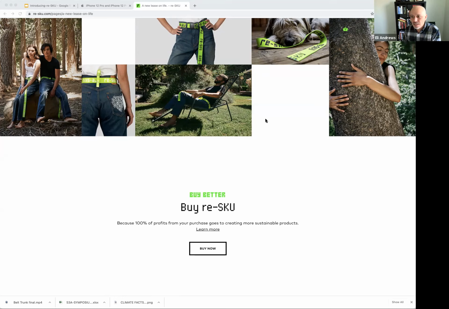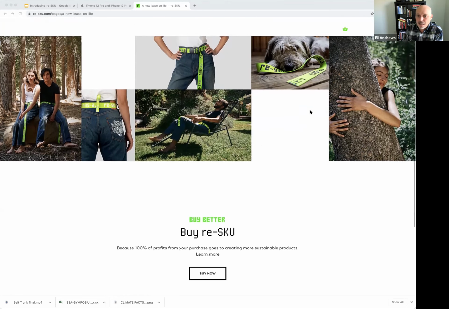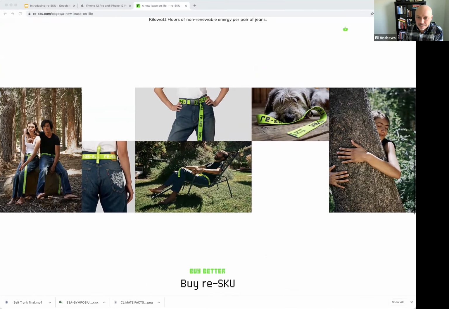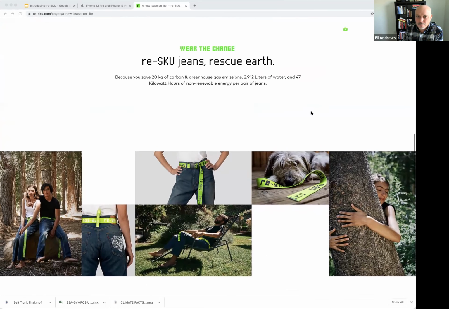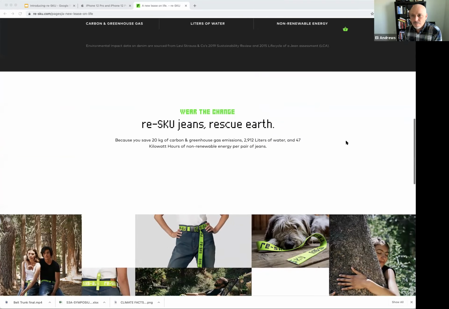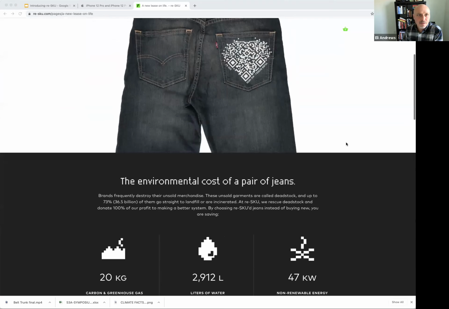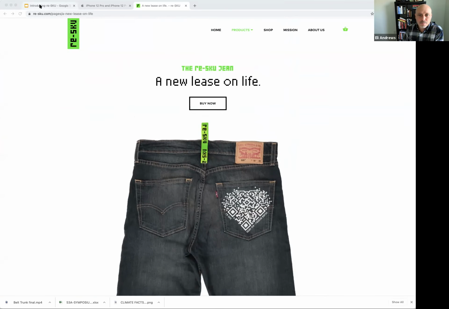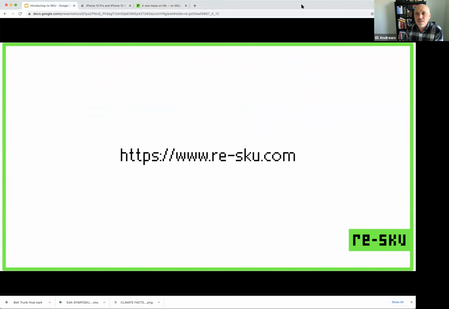So this page is actually the very first iteration of our product hero, and this will change significantly in the near future. And now I'm going to switch back from our website to the presentation, which is here.